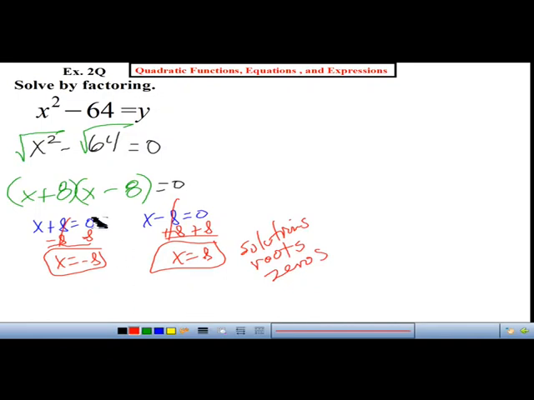Because at the end we do what? Set them equal to 0. And the last name, they're known as x-intercepts. Why do you think they're called x-intercepts? Because when we get to graphing, guess what? Those are the x-intercepts. All right? Let's move on.